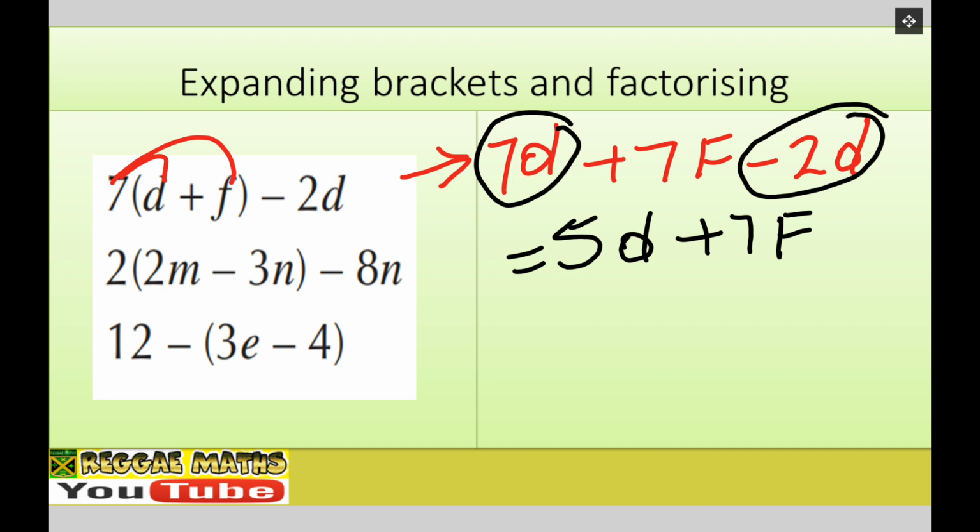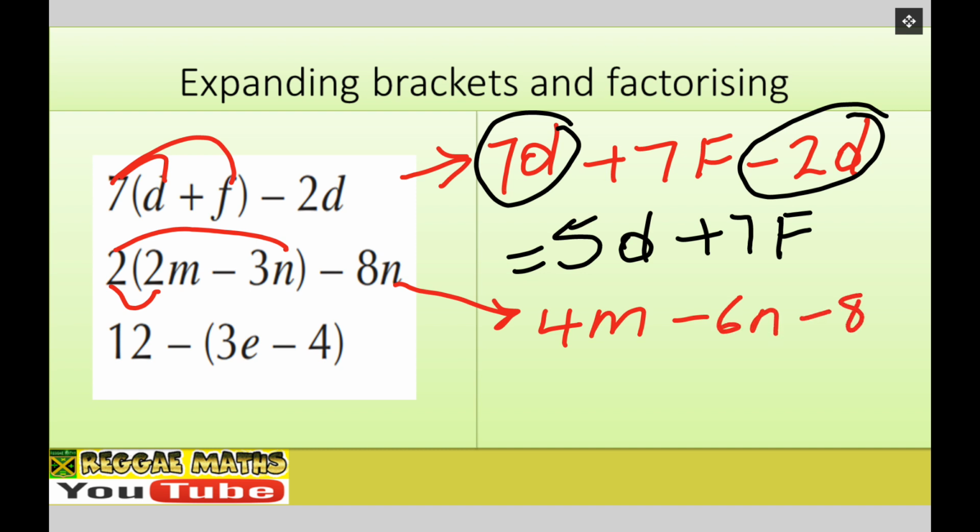So next question, you got 2 times 2, so that's 4m. 2 times 3, it's a minus 3, so it's minus 6n minus 8n. So like terms here are minus 6n minus 8n.